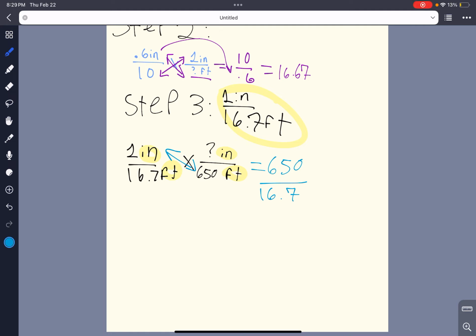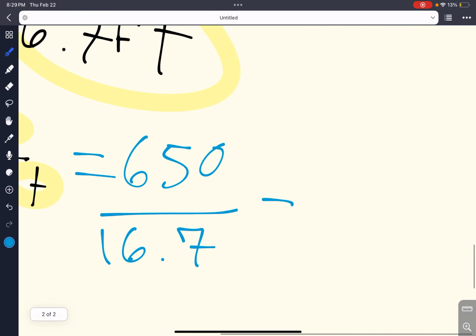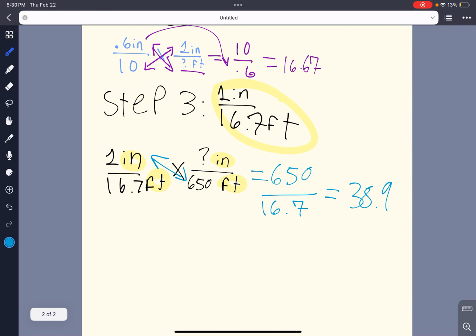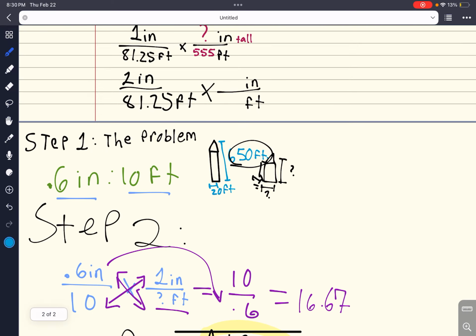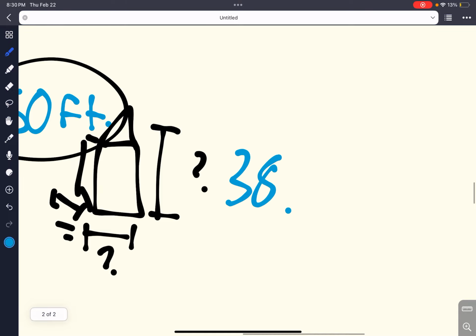So 650 divided by 16.7 equals 38.9 inches. So that is our height, 38.9.